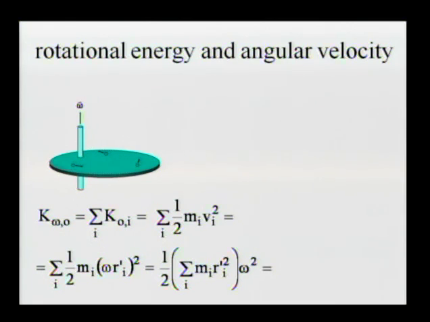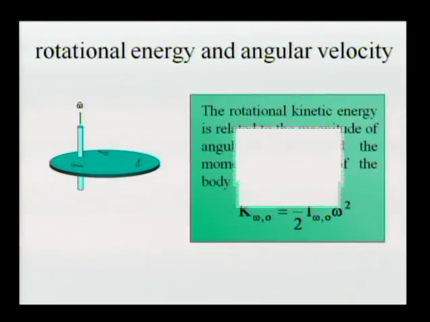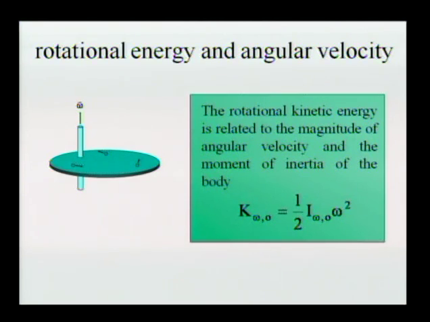So in summary, the rotational kinetic energy about a particular axis of rotation is equal to 1/2 of the moment of inertia about that axis multiplied by the square of angular velocity.